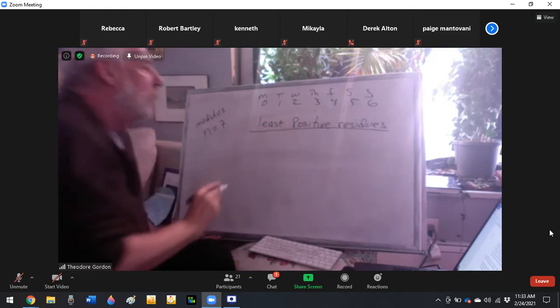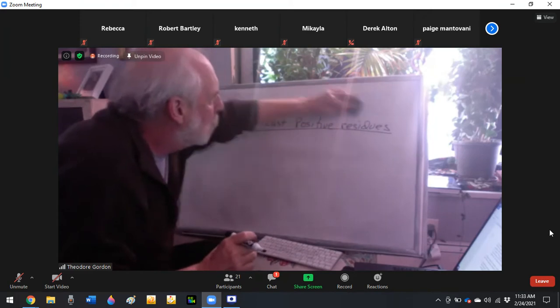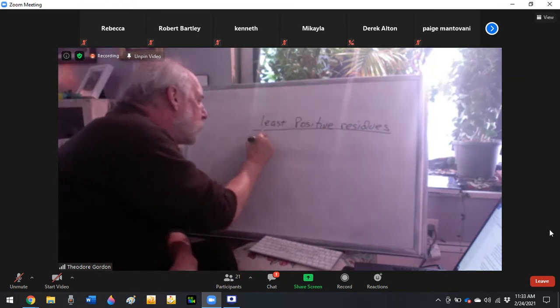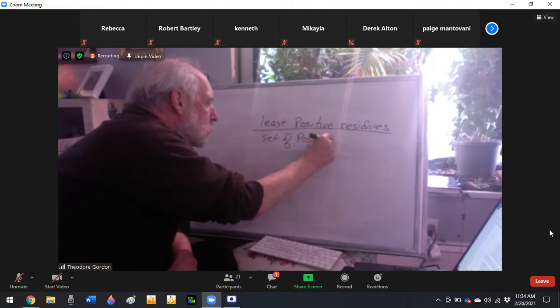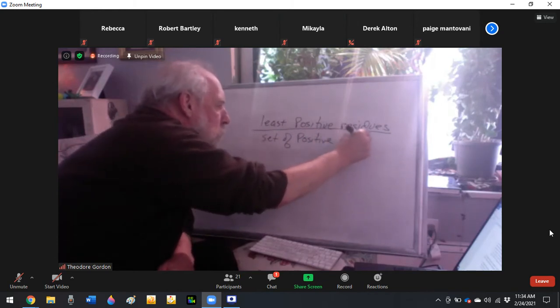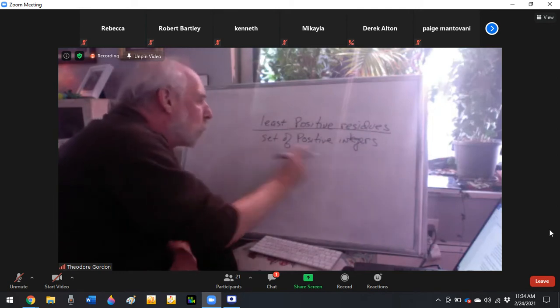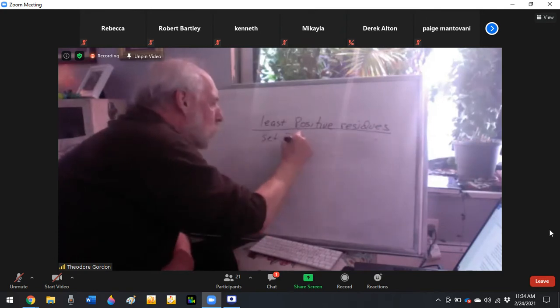Fancy name, least positive residues. The least positive residues are the set of non-negative integers.